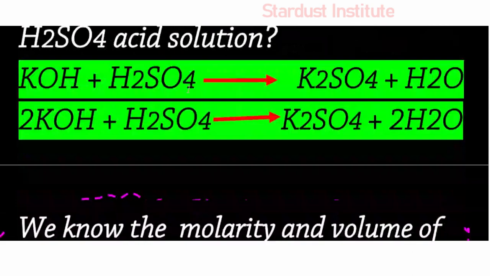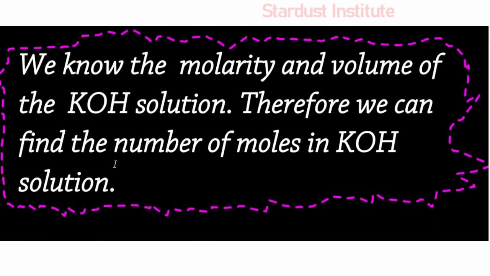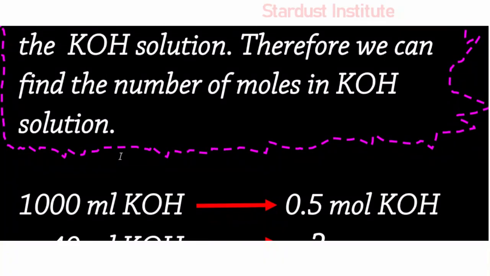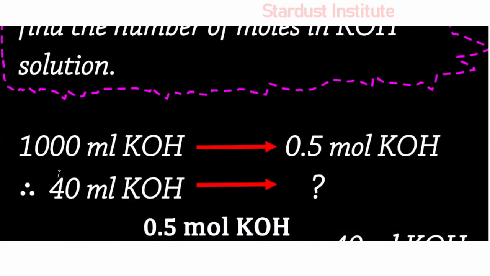Let's find it. We know the molarity and volume of the KOH solution. Therefore, we can find the number of moles in the KOH solution. If we want, we can use the formula of molarity, M equals n divided by V. Otherwise, we can use the following method.